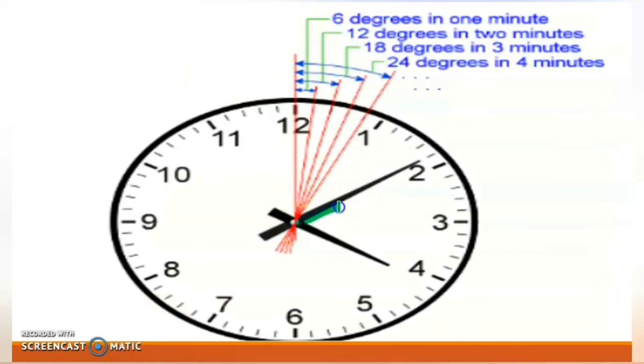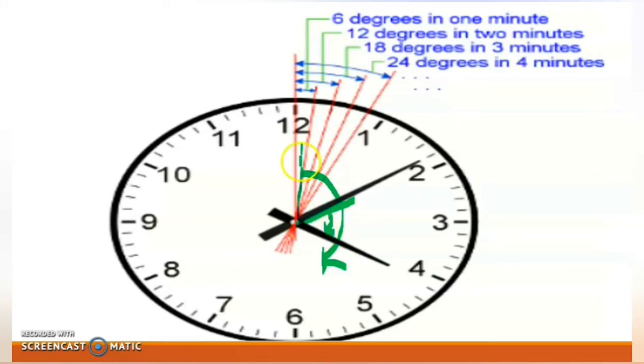At 2 o'clock, what happens? The hour hand is in this position and the minute hand is in this position. And then this minute hand moves in this direction. As this hand moves in this direction, this hand also moves in this direction.